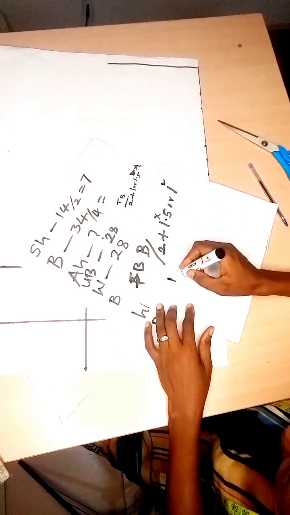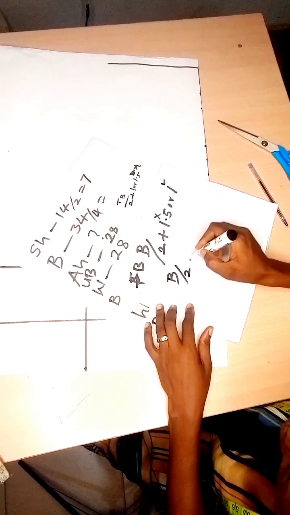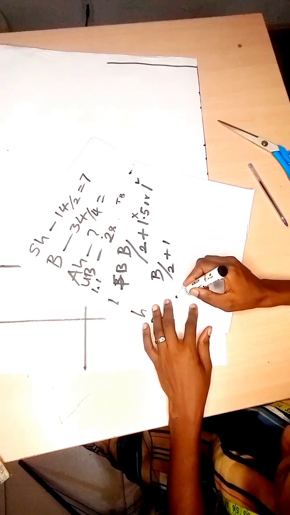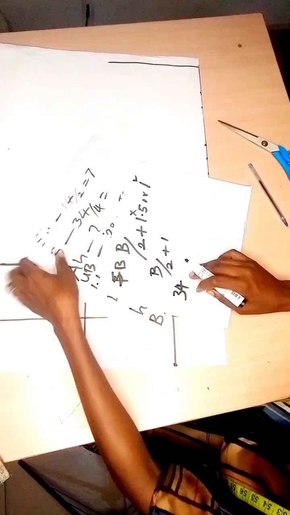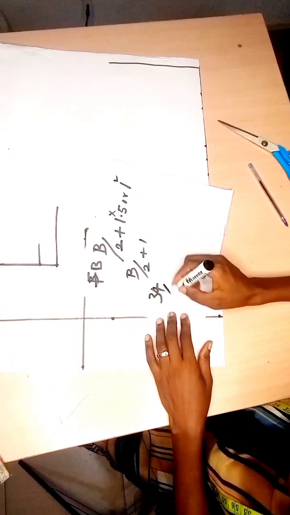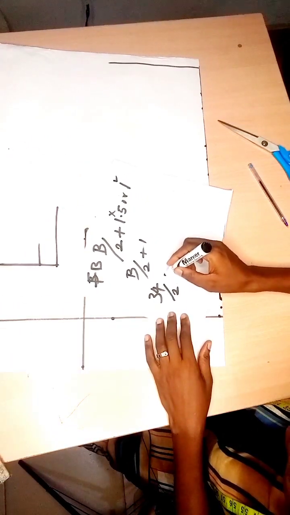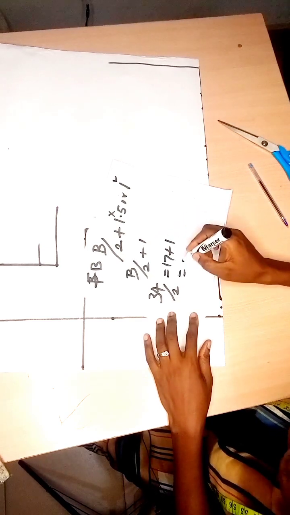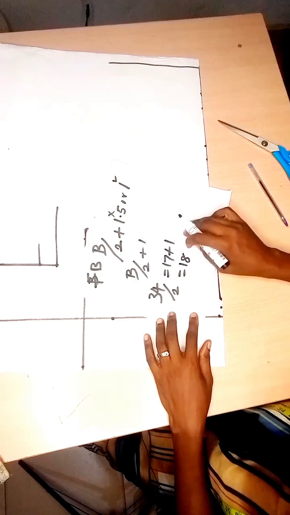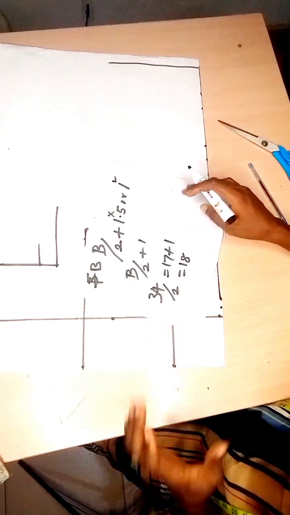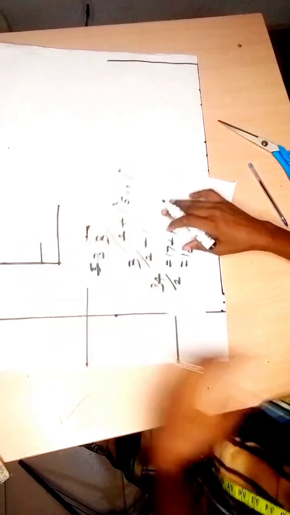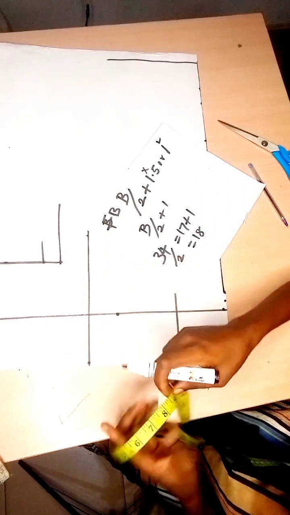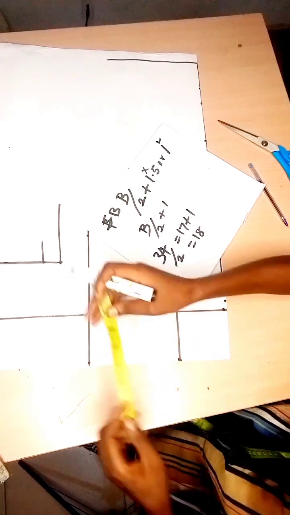Now my bust divided by 2 plus 1 inches. My bust is 34 divided by 2 is equal to 17 inches plus 1, where we have 18 inches. Now 18 divided by 2, we are having 9 inches.